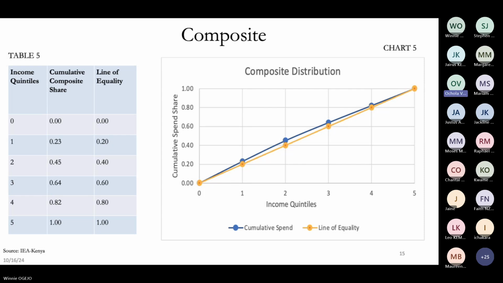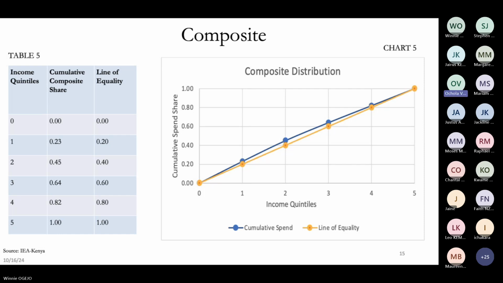The Lorenz curve, which is the blue line, shows the degree of equality of the means testing instrument measured against the line of equality, which is the orange line. Remember, the line of equality is just a theoretical line. The data that we used here is the scholarship, the tuition, and upkeep loans.